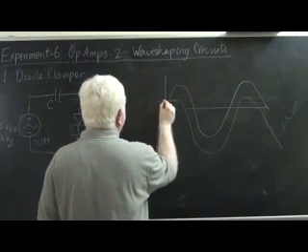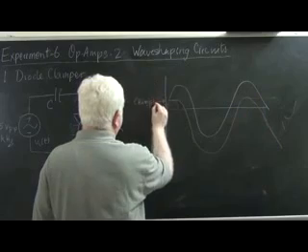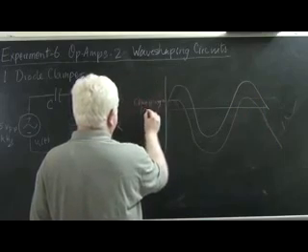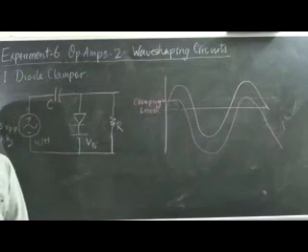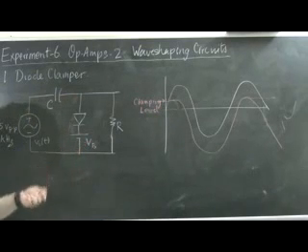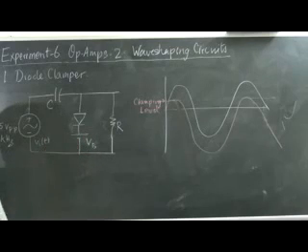So that this becomes the clamping level, instead of 0. The clamping level could be made positive or negative depending upon the battery voltage that you set over here for the clamping circuit.